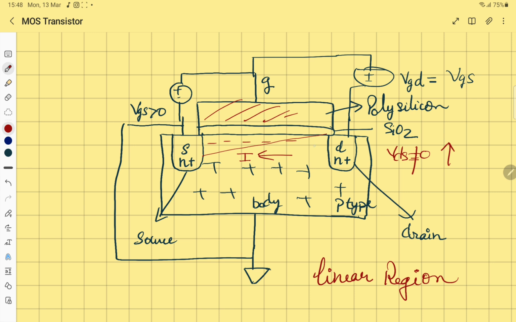So the current will not increase after a certain point because there is a pinch off, and the current becomes saturated, and therefore we call it the saturation region. So instead of linear, it will be saturation.